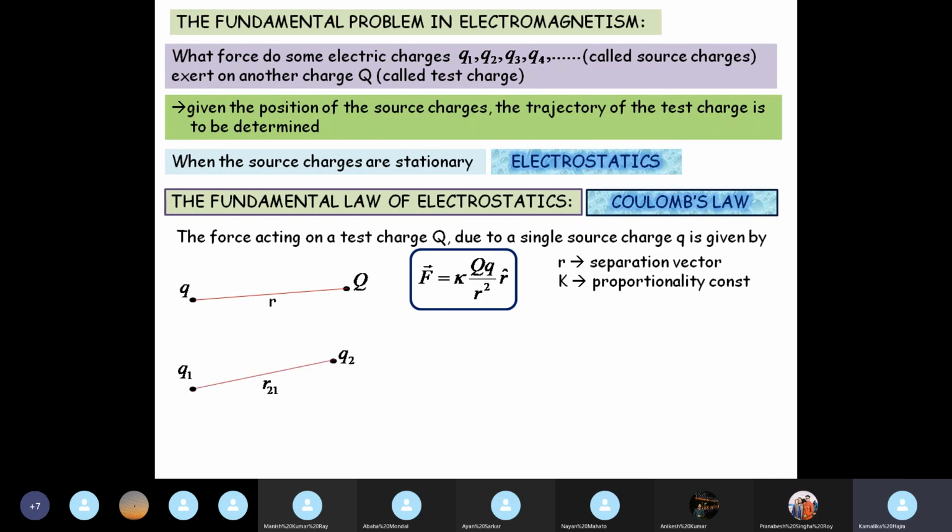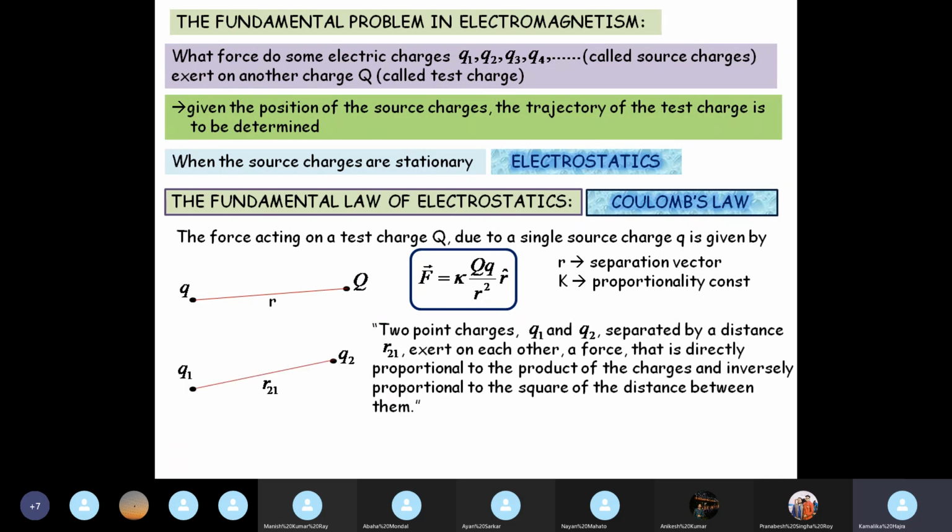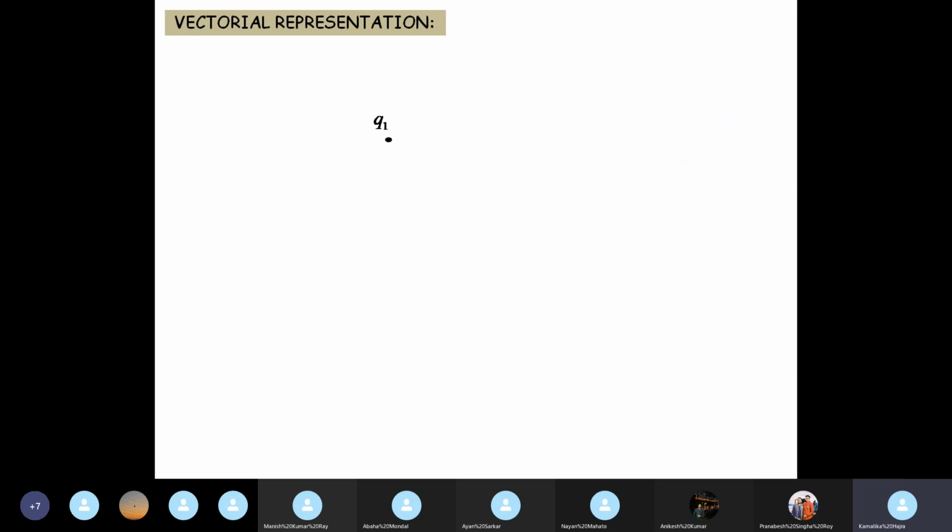So in this way, this is a more general form of Coulomb's law, where we have given the relative vector. So basically we now have a vectorial representation, and finally we will give the actual vector representation with respect to a certain origin.